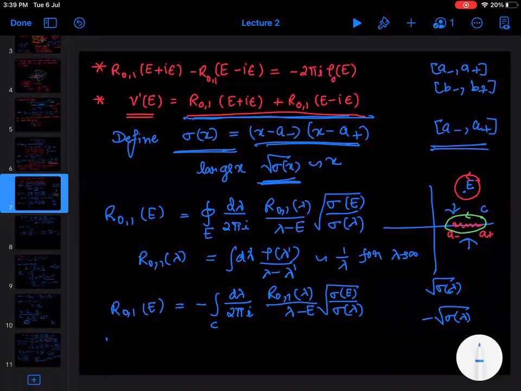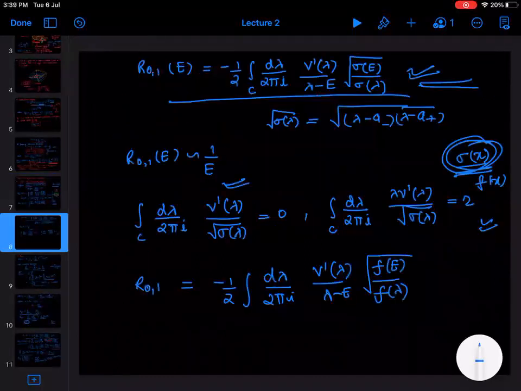One place where I used the property that it is a square root function is going from this to this expression. If you take the integral above the real axis or below the real axis, depending on your orientation, you will have the integral with a plus on one side and with a minus on the other side.